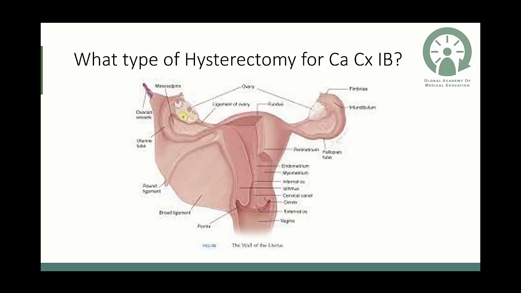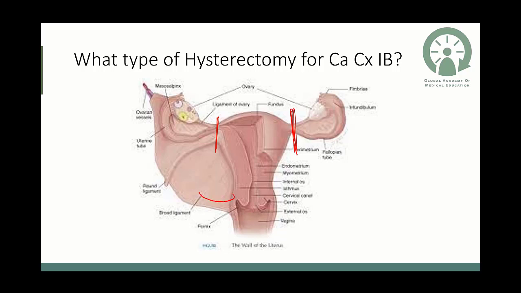So coming to a rather complicated question, what type of hysterectomy is to be done for cancer cervix stage 1B? Before going to cancer cervix 1B, let us first discuss the types of hysterectomy. When we do the hysterectomy, we cut the cornual structures right at the cornu.